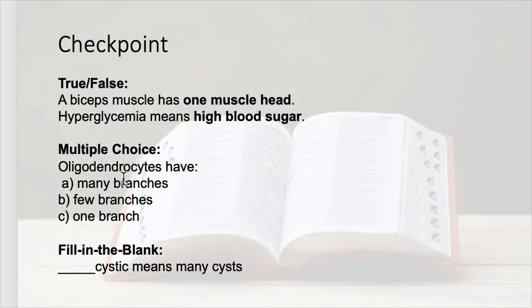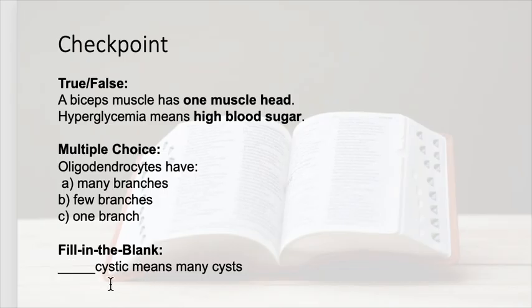Dendro is particularly referring to the extensions of these types of nervous cells, and they look like branches. So the question is, do oligodendrocytes have many branches, few, or one branch? If you said few or very little, you're correct. Oligo refers to few or very little.